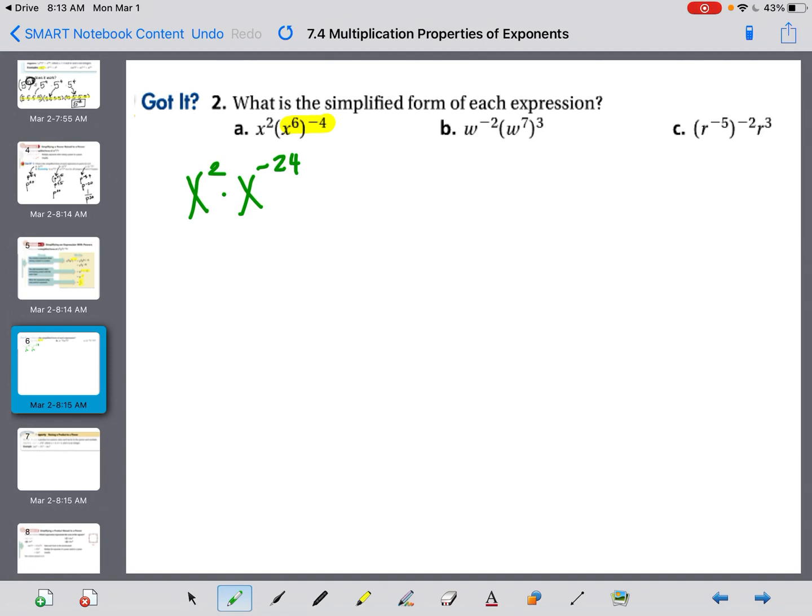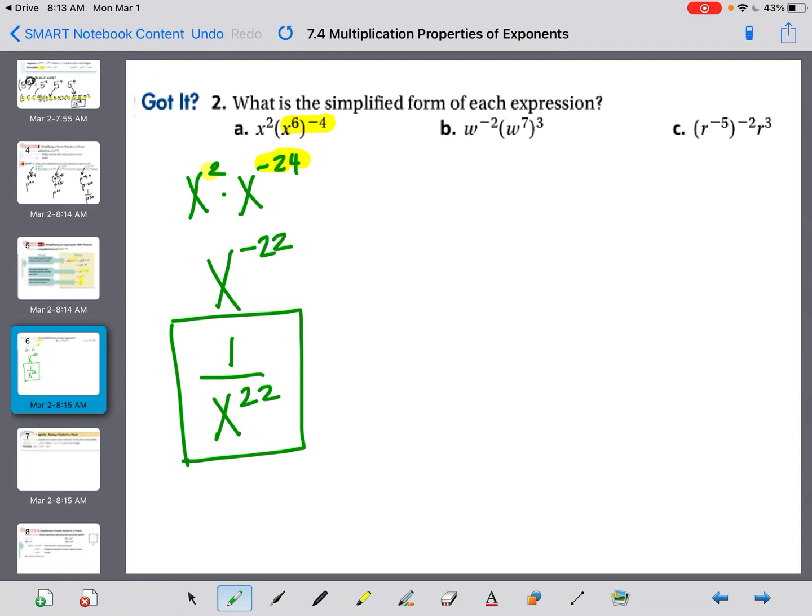Now that I'm just multiplying two powers that have the same base, I get to add the exponents. So 2 plus negative 24 leaves me with x to the negative 22nd. Because this is a negative exponent and I'm trying to simplify, I need to move that down to the bottom so that I no longer have a negative exponent. Final answer is 1 over x to the 22nd.